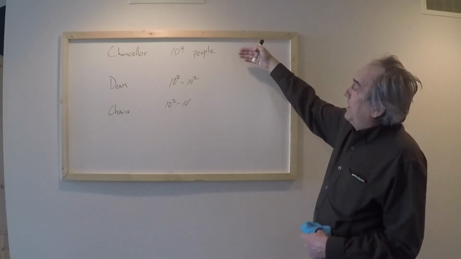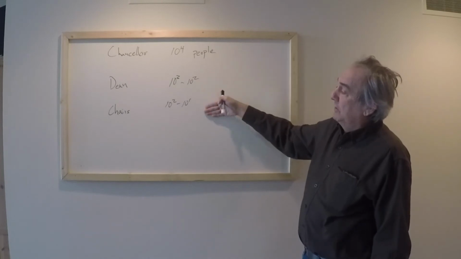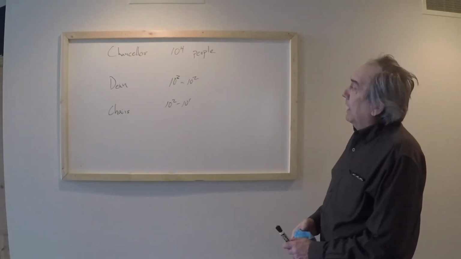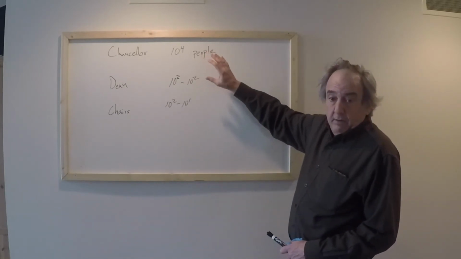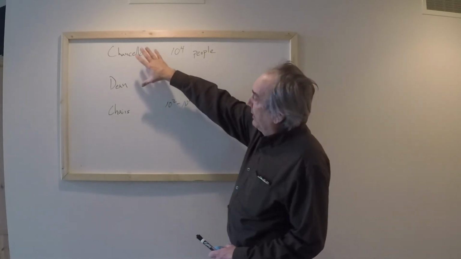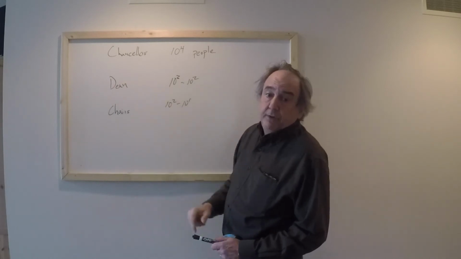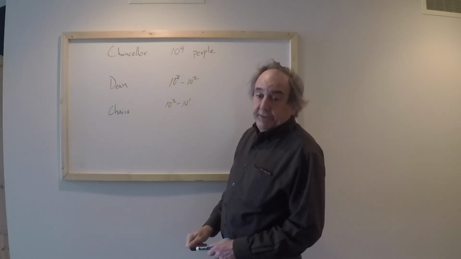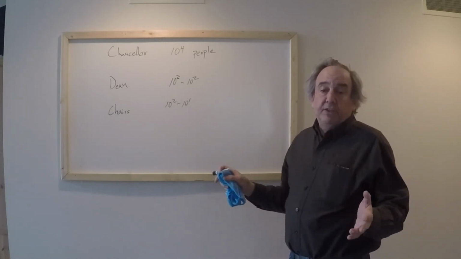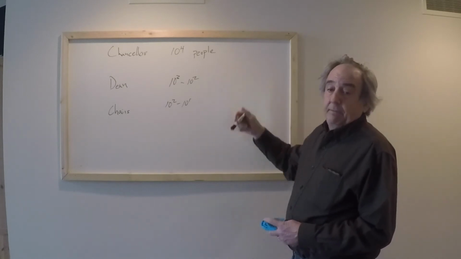So the chancellor is responsible for a much larger portion, dean, chairs, etc. The scale is the number of people. The organization is this. Important to keep those ideas separate. So hierarchy has to do with organization. Scale has to do with size.